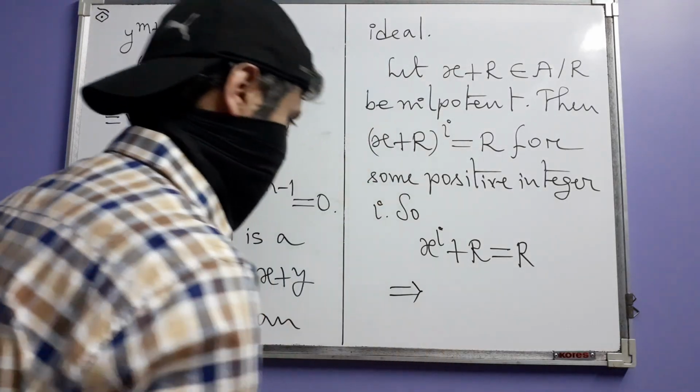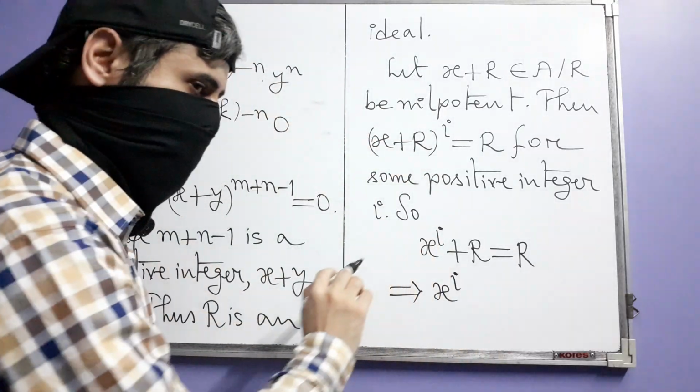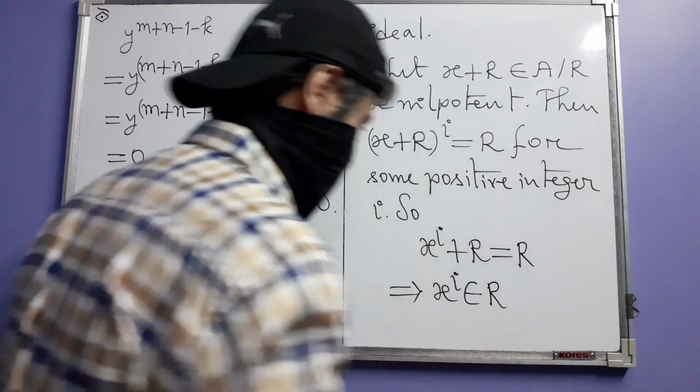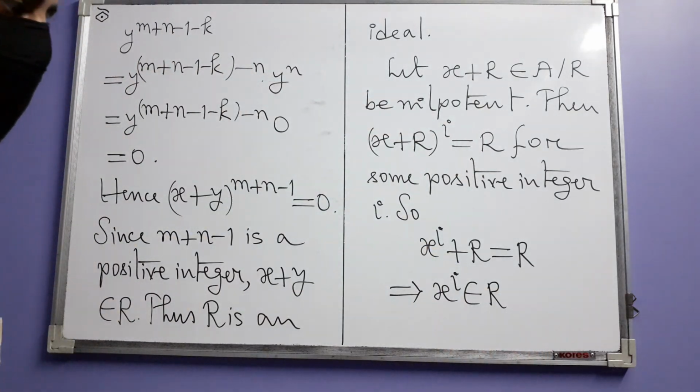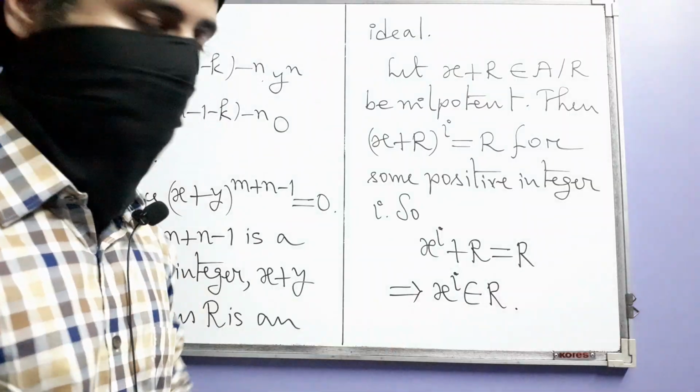That in turn implies what? It implies that the representative of this coset, x to the power i, that element has to belong to R itself. However, what does this mean?